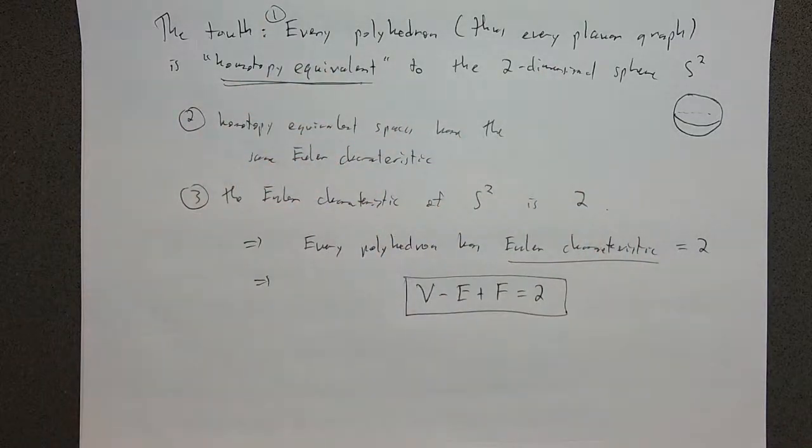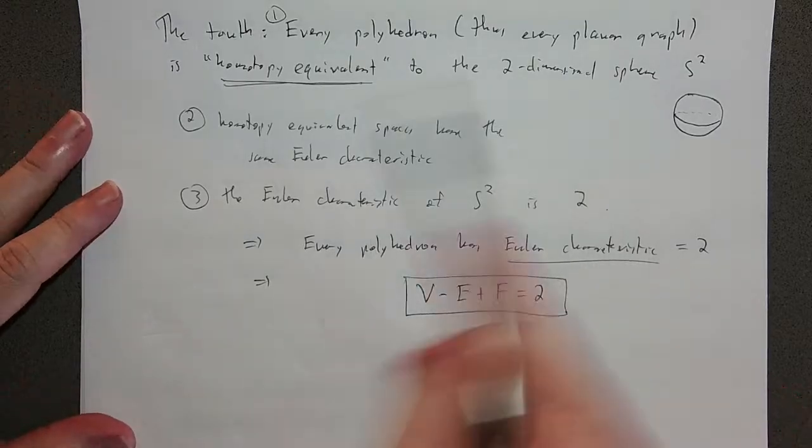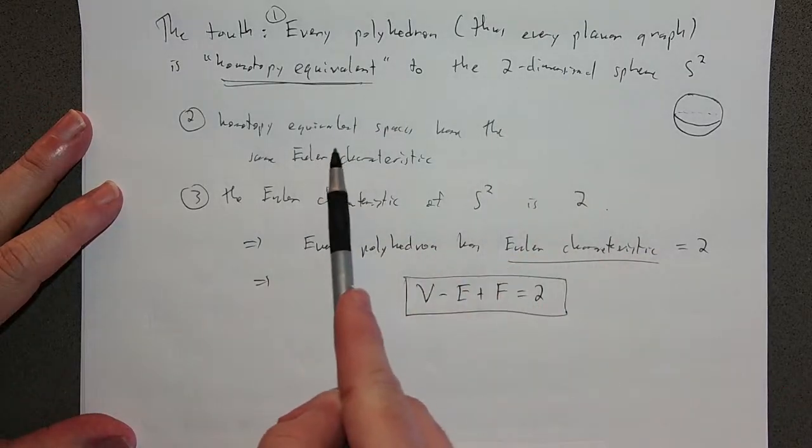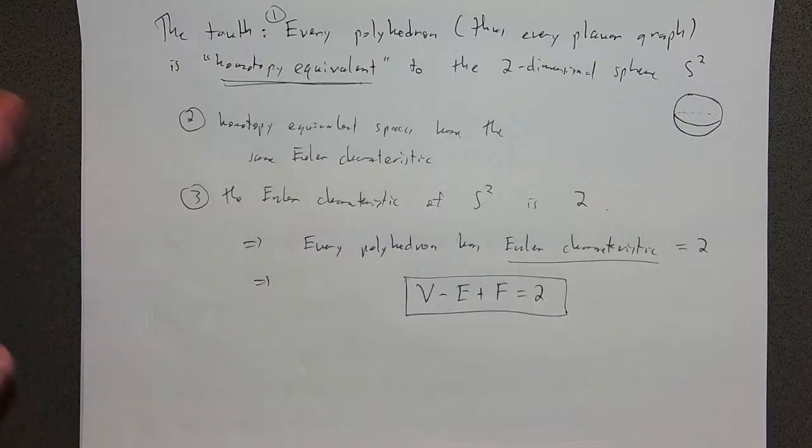It's a bit like showing that any representation you try for a planar graph can't exist, right? There can't be a planar representation. So what is useful is to come up with this invariant, the Euler characteristic, which has to be the same if they're homotopy equivalent, and then show that the Euler characteristic is different, right?